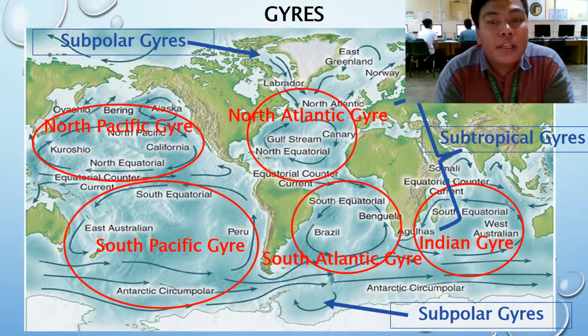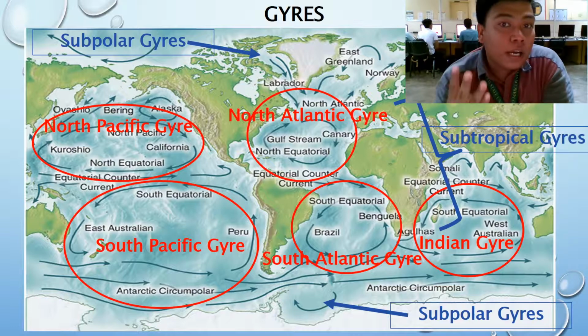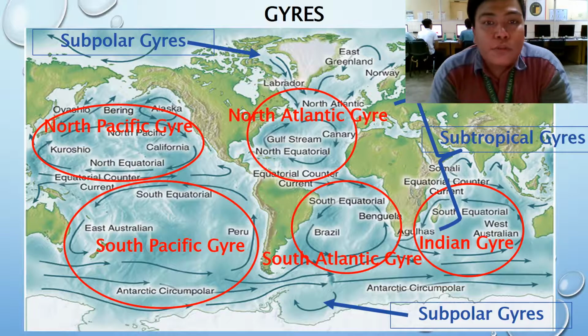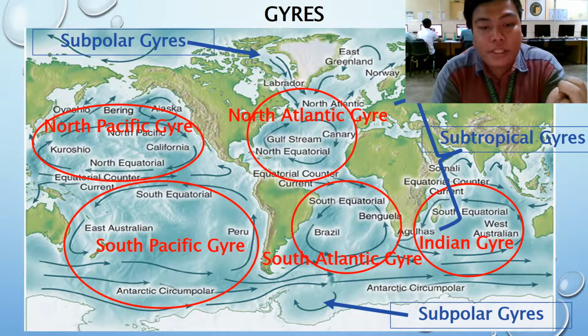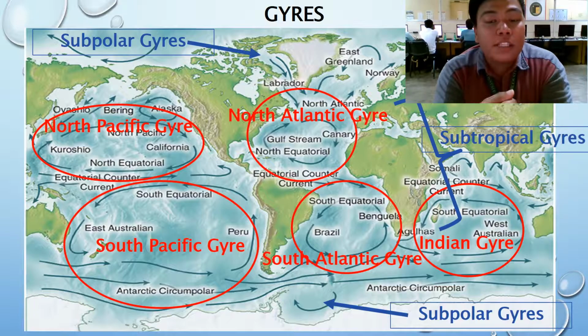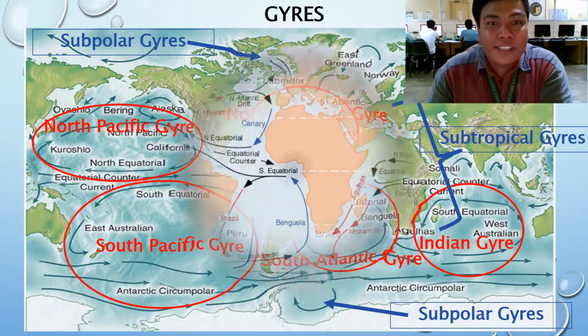Take note that each of these five subtropical gyres arises from at least four currents, and subpolar gyres, on the other hand, arise from at least two currents. We will discuss further in the next chapter of this video series.